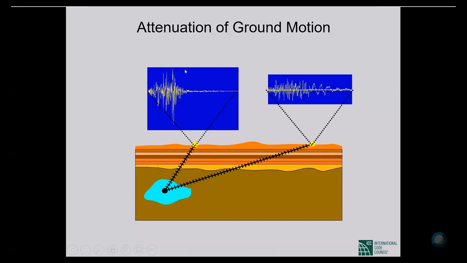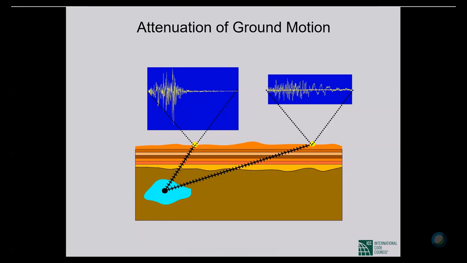The amplitude is high, the amount of movement, the frequency is high. The ground goes back and forth very rapidly.